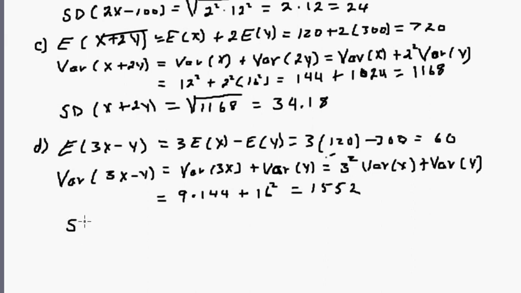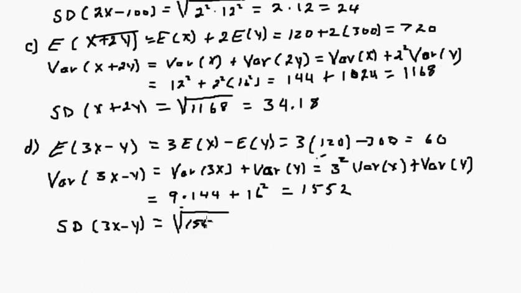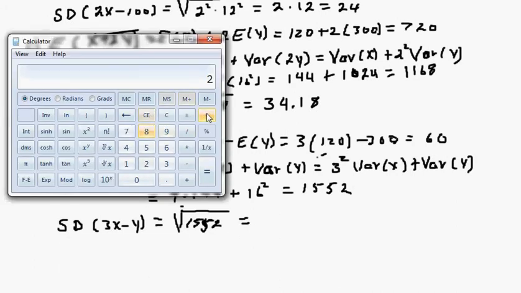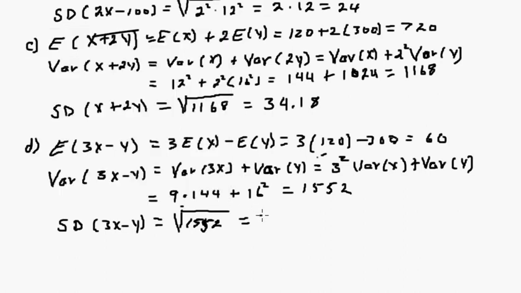So the standard deviation is just the square root of that number. So that would be the square root of 1552, so 39.4. Okay, so one more, I guess.